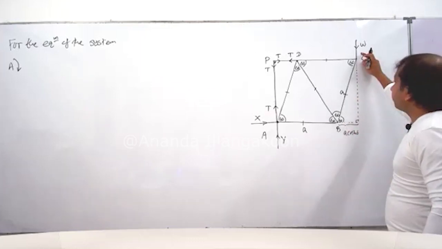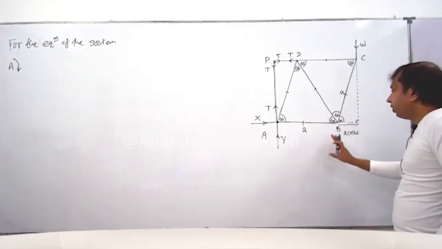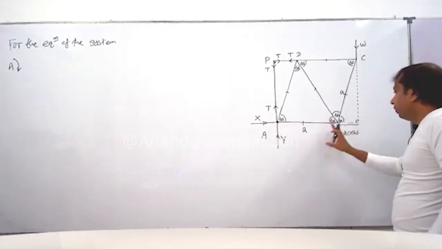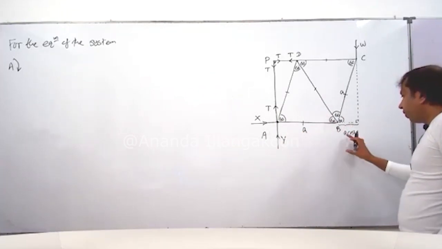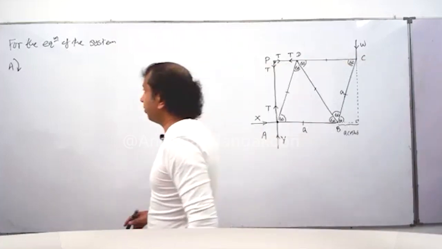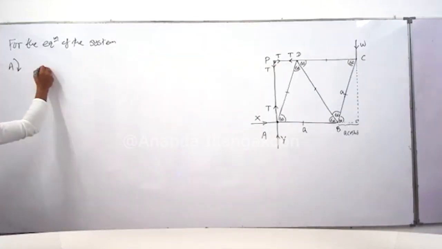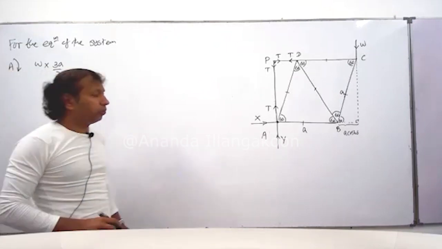When you take moment around A for this W, W multiplied by this length from here to here. This is a cos 60. Cos 60 is half, no? Then a by 2. a plus a by 2 is 3a by 2. W into 3a by 2.